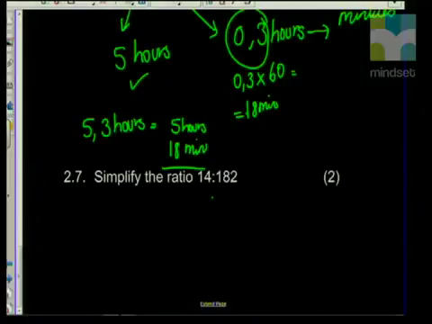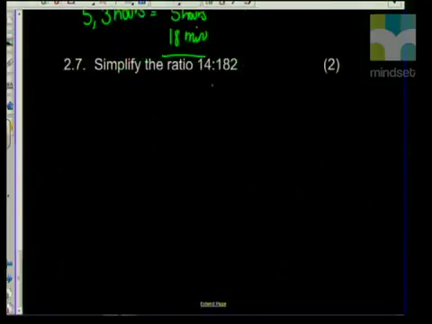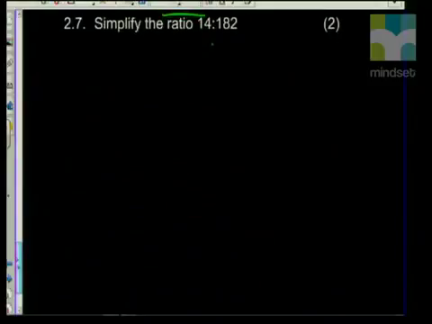Right, let's have a look at the last question, question 2.7. Let's go down a bit so that we can actually see this clearly. Right, we need to simplify the ratio of 14 to 182.